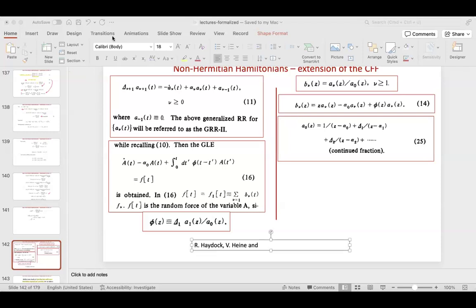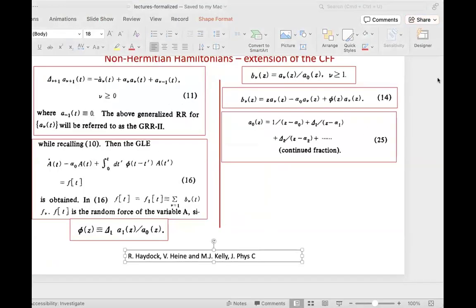Let me first type it up. M.J. Kelly, J. Phys. C. I'll give you the full reference so it's easy to pick up. J. Phys.